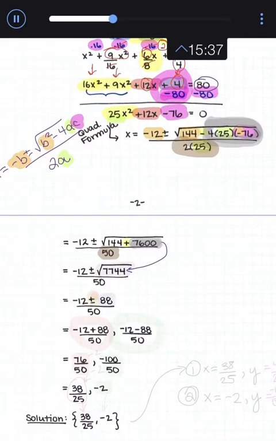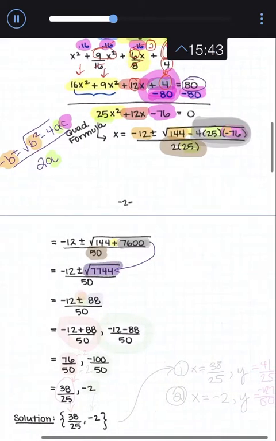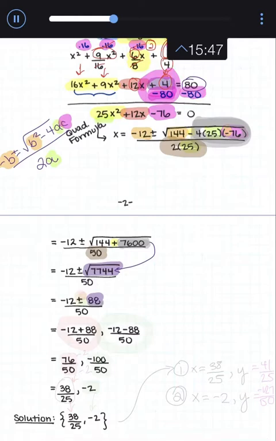Now what's amazing is you actually can do that root. The square root of 7,744 is 88. Now notice, there is something special about the quadratic formula. Because there is a plus or minus symbol in the quadratic formula, we will most times get two answers.